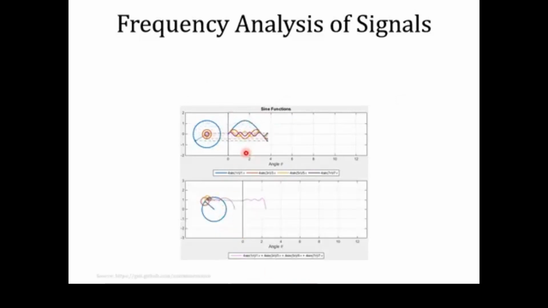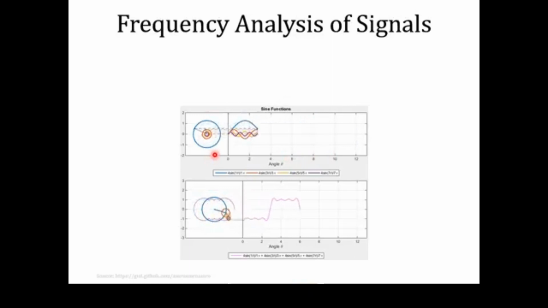Now, if you observe the additive effect of these four sinusoids with respect to the time axis, then the resultant signal would look like this one. So the resultant non-sinusoidal signal is simply a composition of these sinusoids. And as we discussed, sinusoids are simply the projections of rotating phasors.